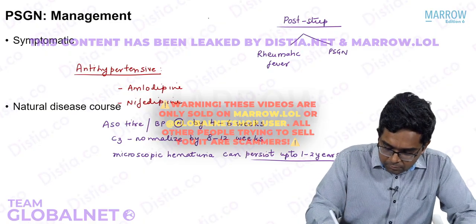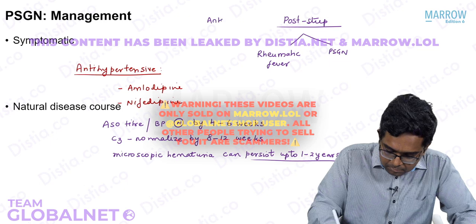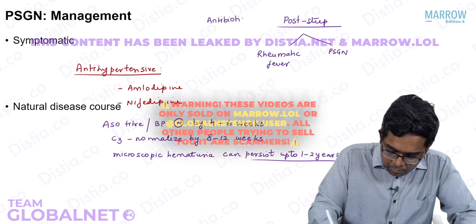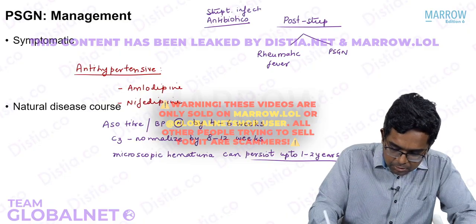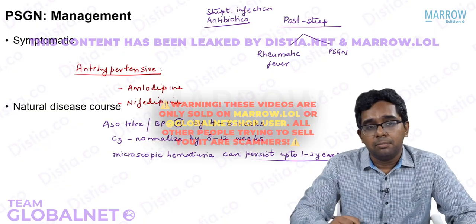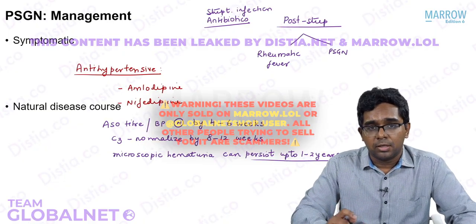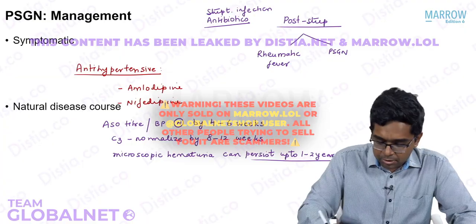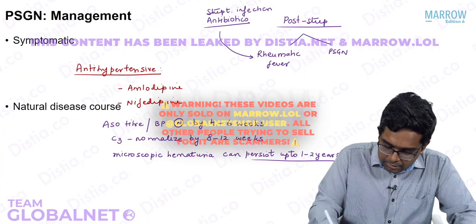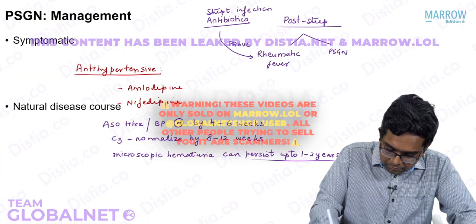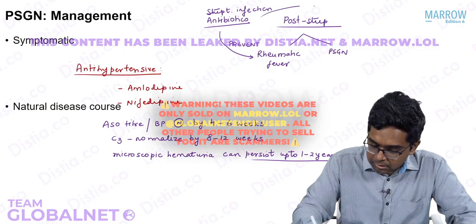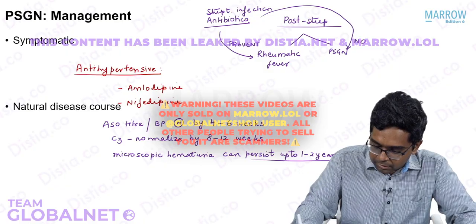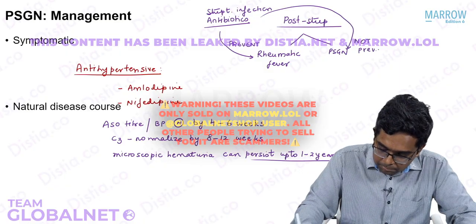Now, if you give antibiotics for a streptococcal infection, for example, a patient presented with a sore throat and you gave antibiotics targeting the streptococci. Antibiotic administration can prevent the occurrence of rheumatic fever. Very, very important point. Whereas antibiotics will not prevent the occurrence of PSGN.